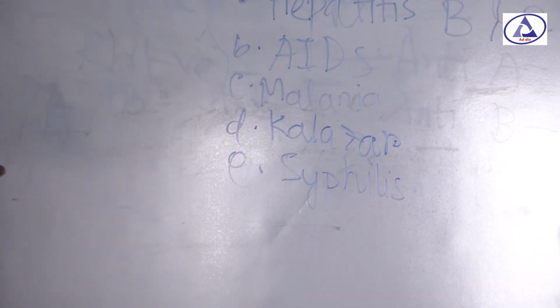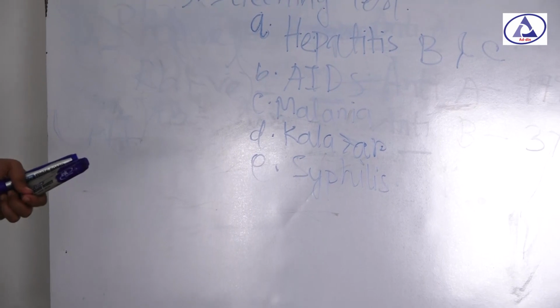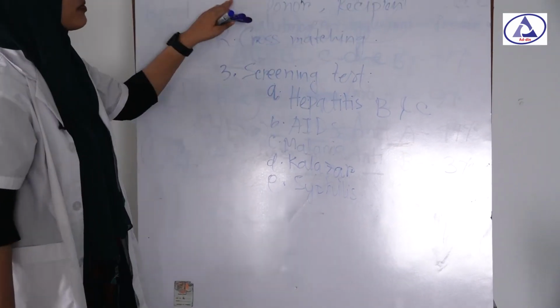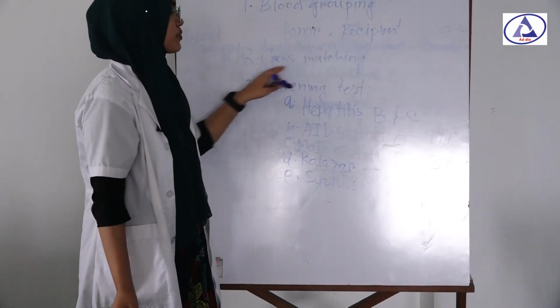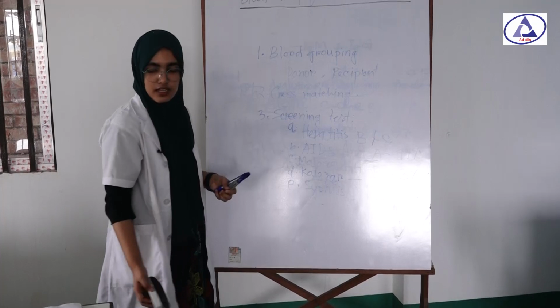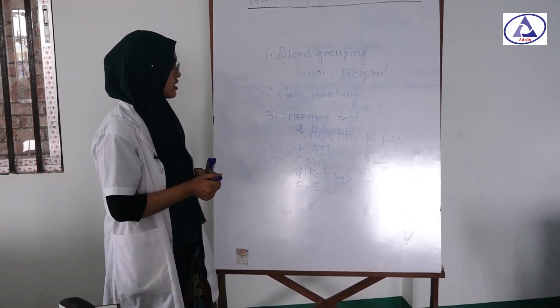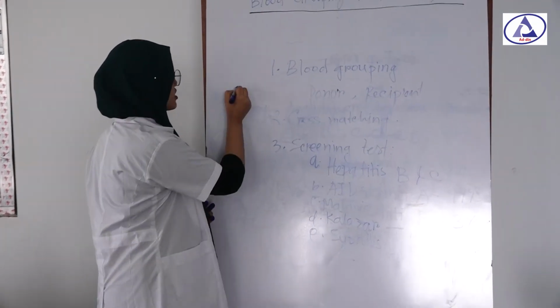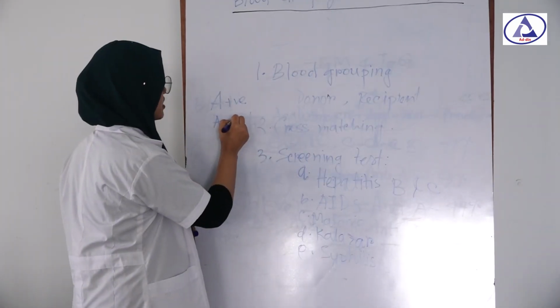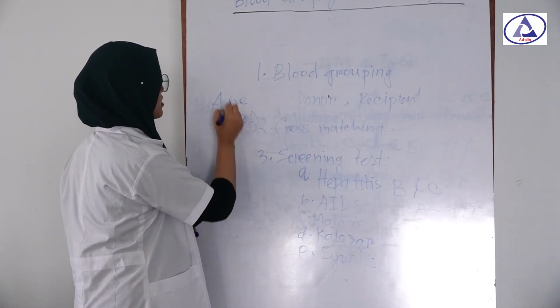Okay. Now let's come to the topic of blood transfusion. Now we have done blood grouping of donor and recipient, we have done cross matching and we have done the screening test. When all those tests are done, then we can transfuse A positive blood to an A positive blood group person.